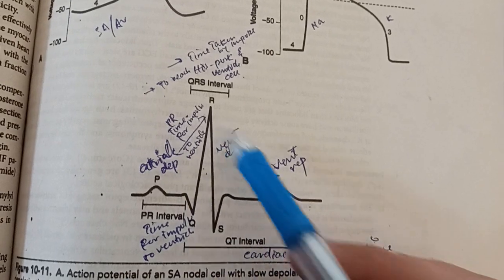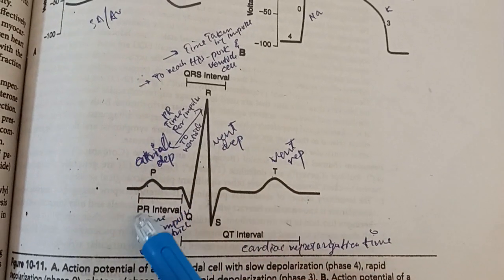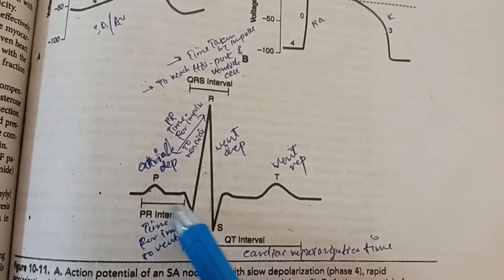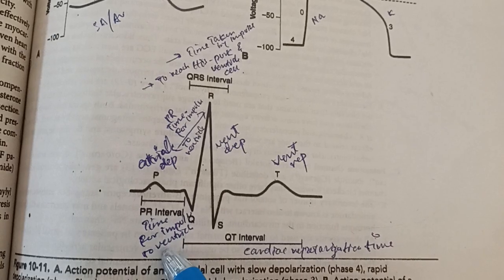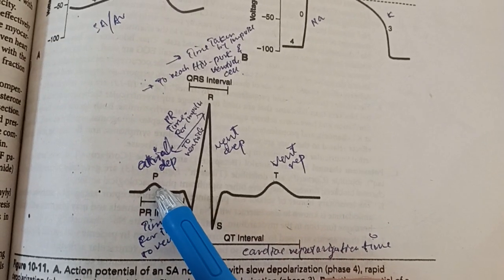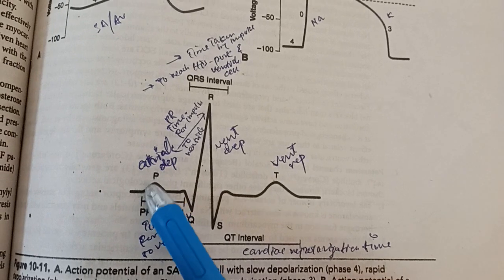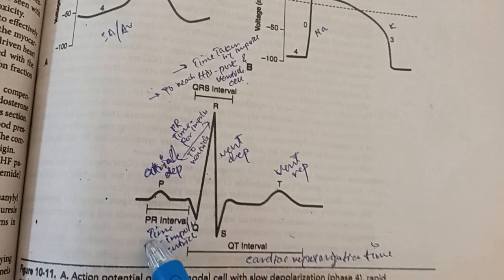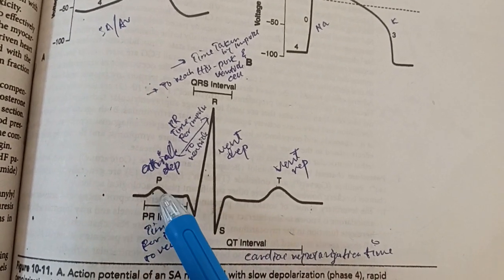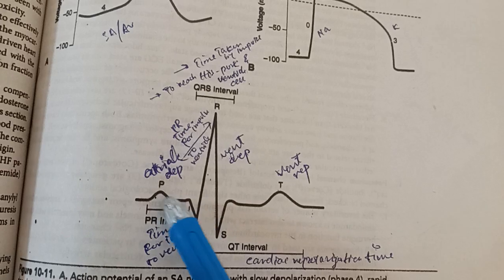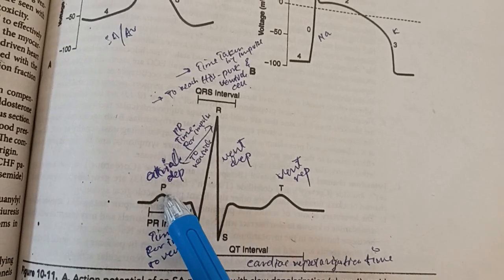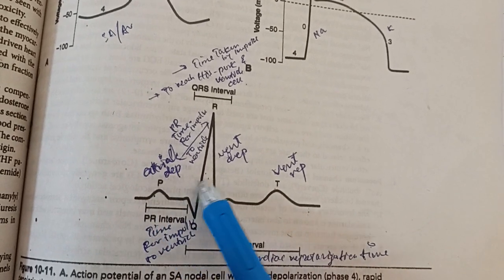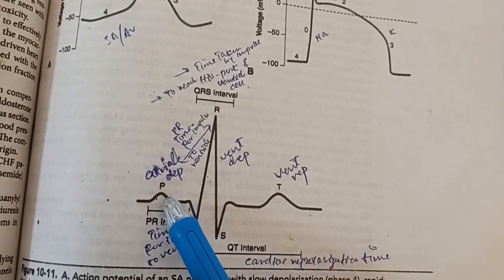So first of all, let's complete today's discussion about the intervals, starting with the PR interval. The PR interval is the time for the impulse to travel from the atria to the ventricles. When depolarization is observed in the atria, the current moves, and the impulse then reaches the ventricles.